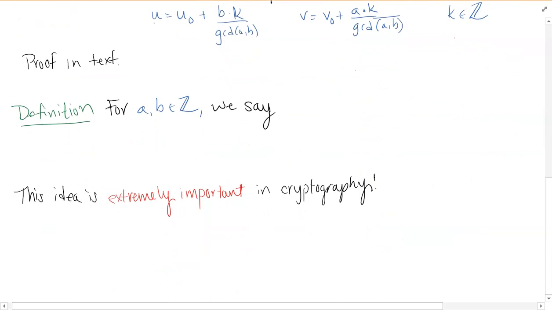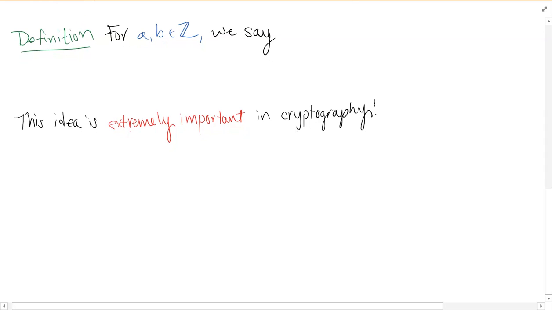One last idea from this section is that when we talk about greatest common divisors, there's this idea that if we're given two numbers, we can say that the two numbers are relatively prime.